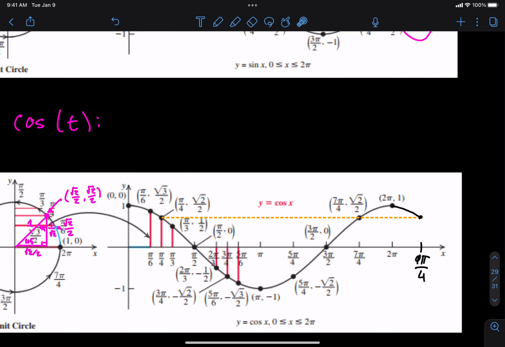Okay, so to extend, I just keep going, keep going. Just keep this thing going by pasting the start onto the end. It's going to connect perfectly because this function is 2 pi periodic.